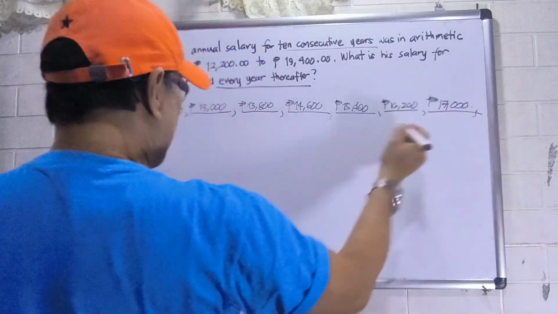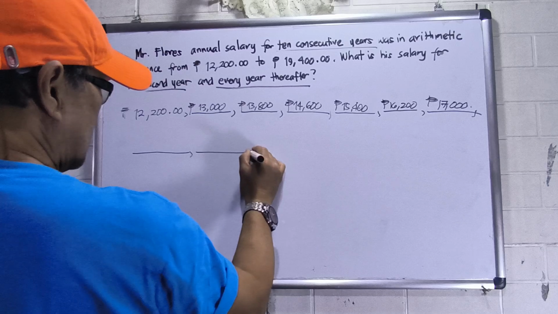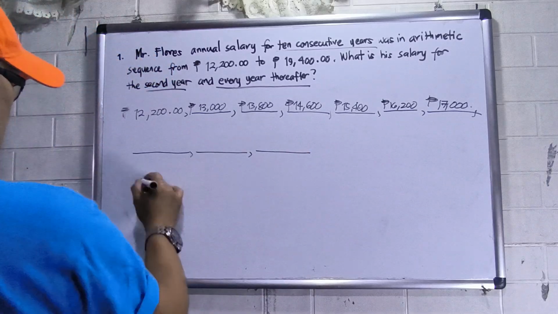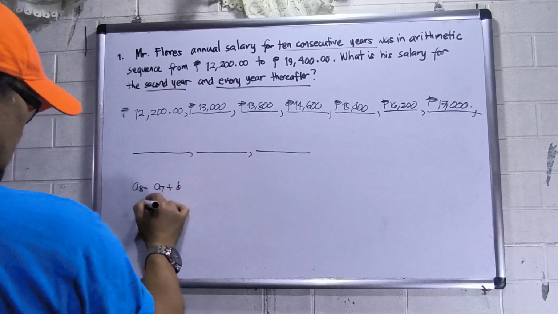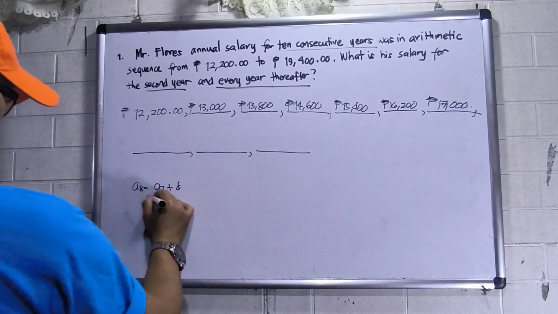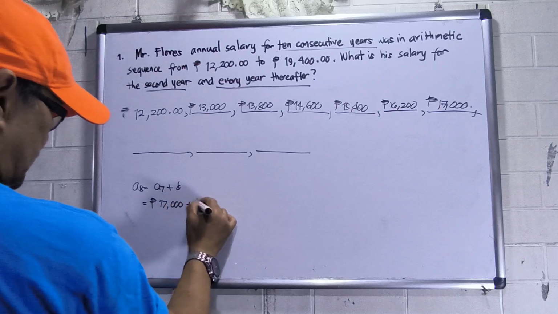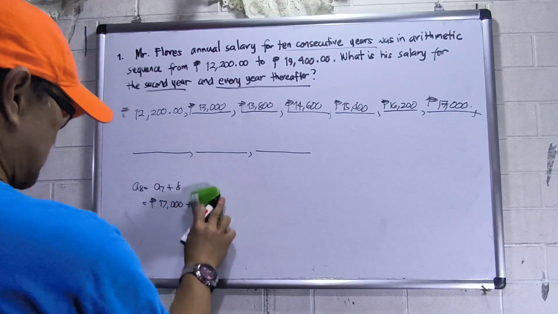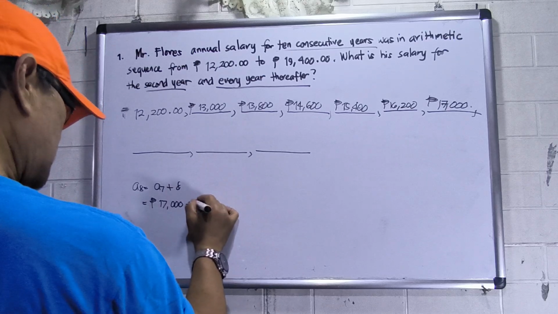So next is A8. A8 equals A7 plus D. A7 is 17,000 plus 800, D is 800.